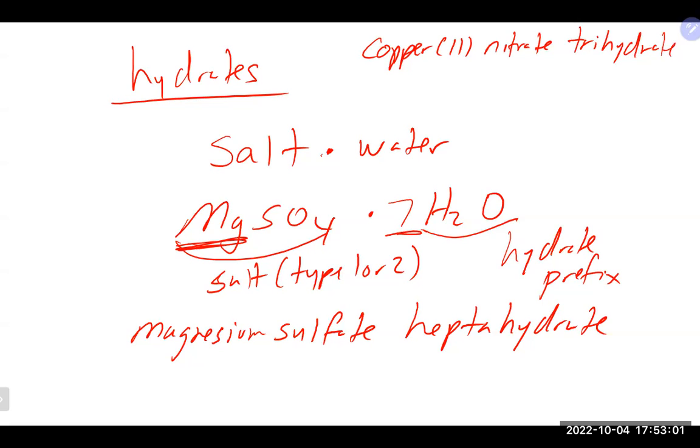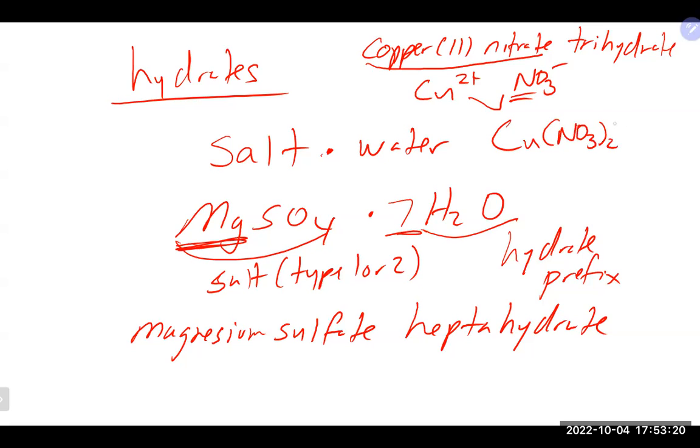So if we were to write the formula, we'd do the same thing. We would just tackle the first part here. There's copper, Roman numeral 2. That means the copper has a +2. Nitrate is NO3 minus. So in this case, we need more of the nitrate when we put it together. We need a total of 2, so we do need to put parentheses around it. We would put the dot between the salt part here and the water part, and trihydrate means 3 water.